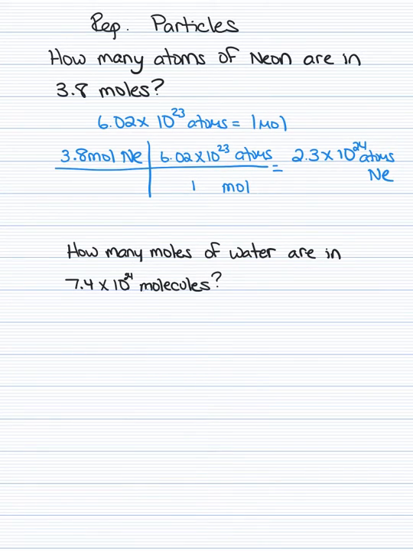Our second example, how many moles of water are in 7.4 times 10 to the 24th molecules? Going back to our mole map, again, we know that there are 6.02 times 10 to the 23rd molecules in 1 mole. So we're going to start this by writing 7.4 times 10 to the 24th molecules.